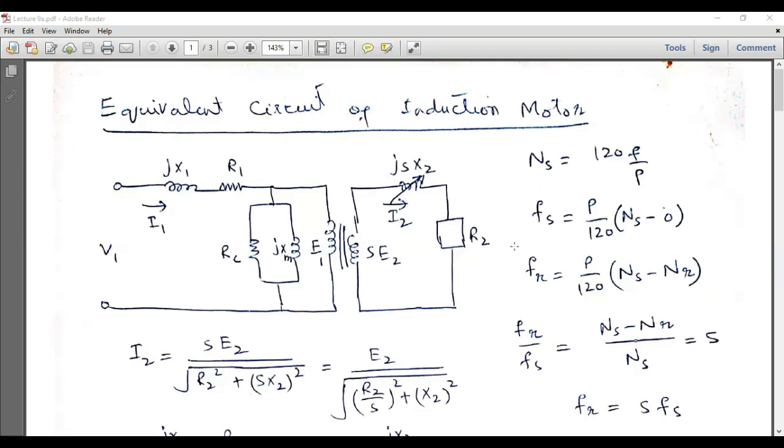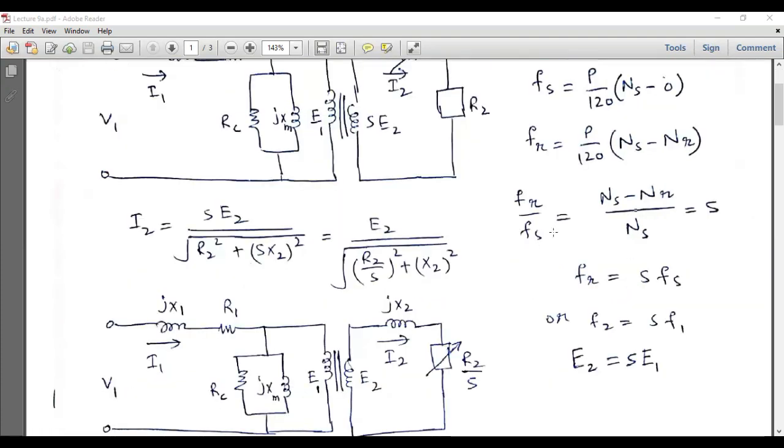Similarly, we can write a similar expression for the rotor. The frequency at the rotor side, Fr, can be represented by P over 120 into Ns minus Nr. So if we divide this expression by Fs, we will get Fr over Fs, and all the terms will cancel out apart from Ns minus Nr in the numerator and Ns in the denominator.